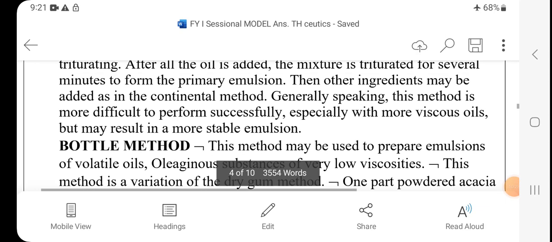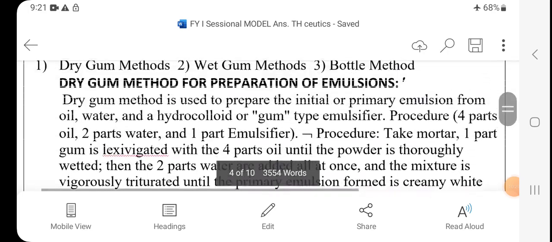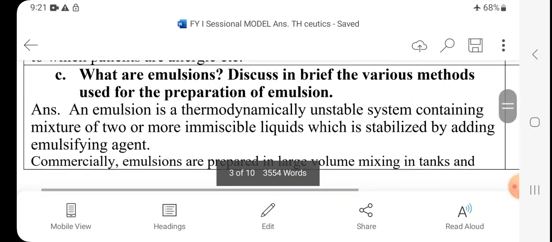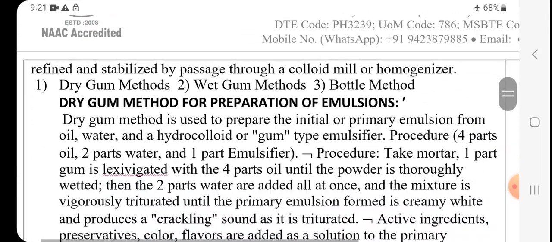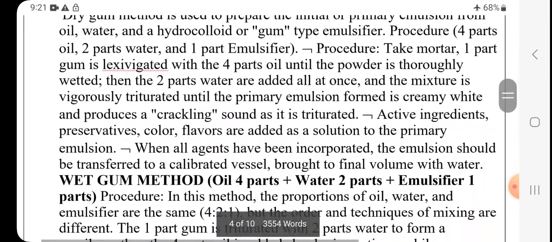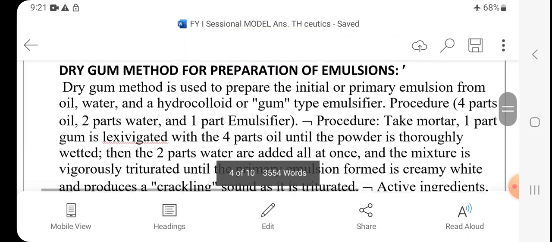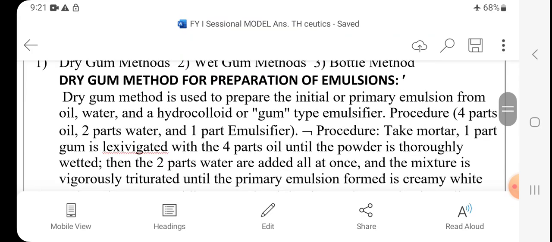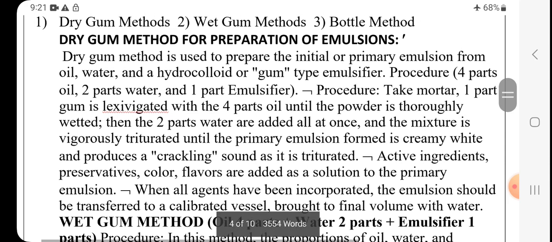So these are the three methods for the preparation of emulsions: the dry gum method, the wet gum method, and the bottle method. The proportion for dry gum and wet gum is the same, that is 4 parts of oil, 2 parts of water and 1 part of emulsifier, that is gum. But the order of mixing is different.